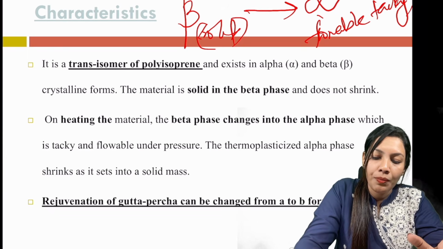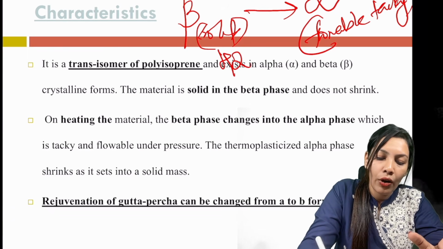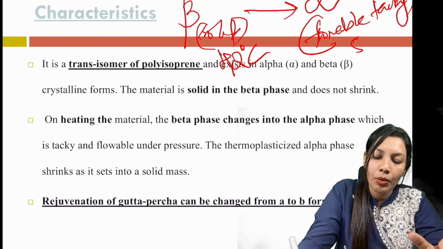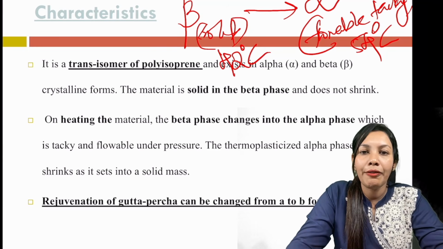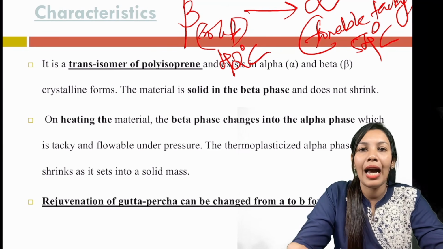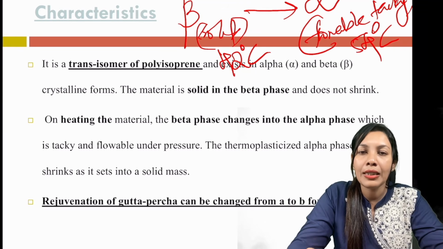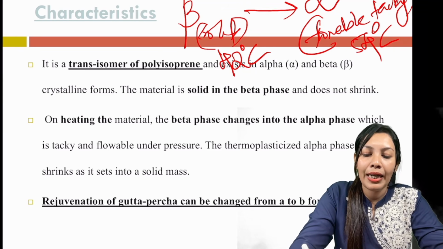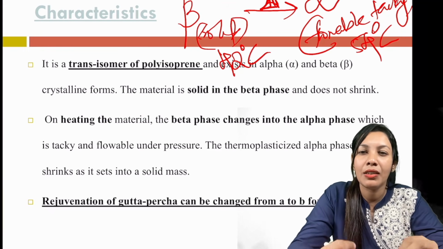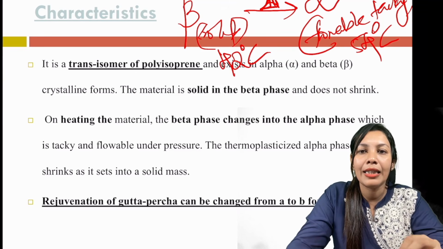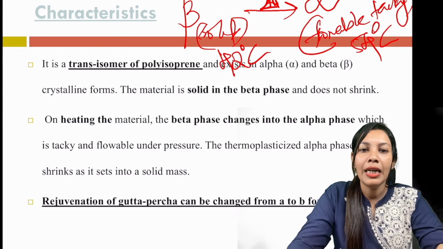This is almost at a temperature of 42 degrees centigrade, and this is almost at a temperature of 54 degrees centigrade. So the beta phase is the phase which we see as solid. When we apply heat, the beta phase gets converted into the alpha phase, which is more tacky and flowable into the canal.